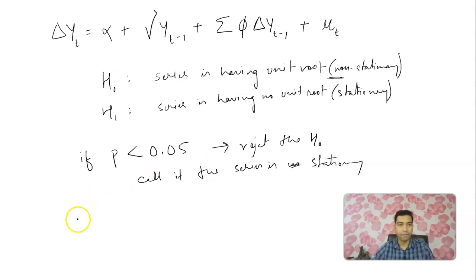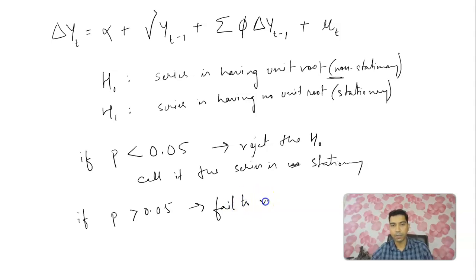All right. If p value is greater than 0.05, that simply implies we fail to reject the null. Of course, we are talking about a 95% confidence interval; in most of the software packages, by default it is 95%.